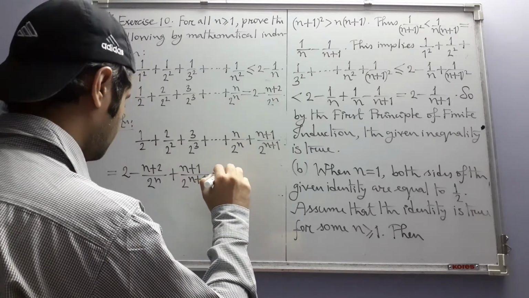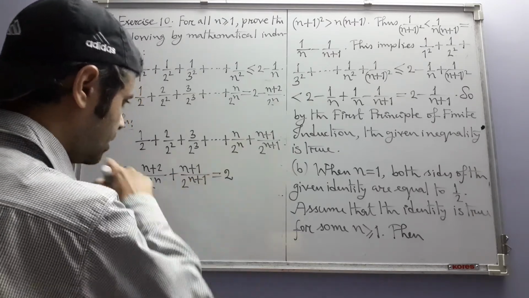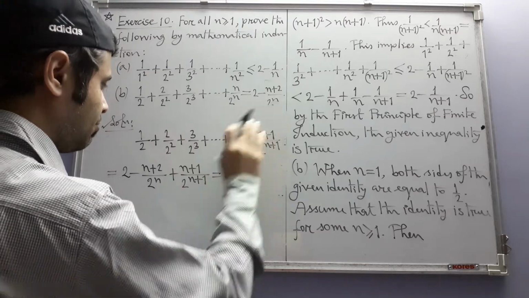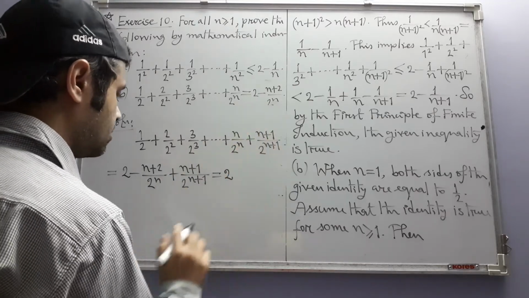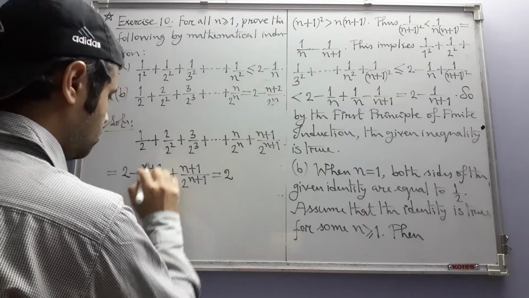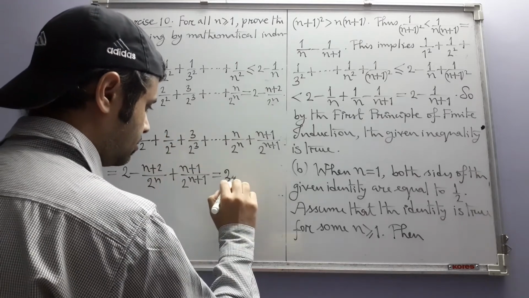This becomes equal to 2, we will keep 2 as it is, because in the final form also 2 is just there alone. What happens to this part?